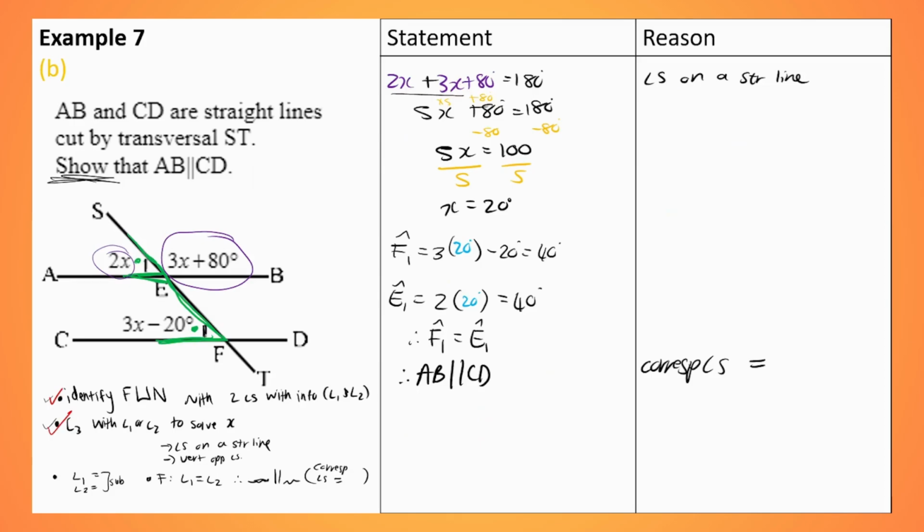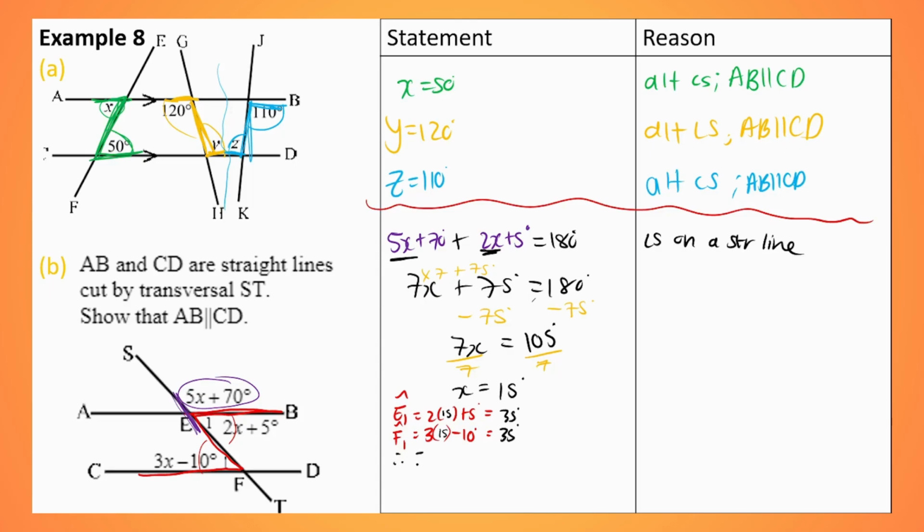Again, just like in the previous video, we now need to show that we found that they are equal to one another, and then we can say therefore they will be parallel, but instead of corresponding, you will say alternate angles are equal. So we are seeing now here that E1 and F1 are equal to one another. Great. Then, because our alternate angles are now equal, we showed all the calculation.